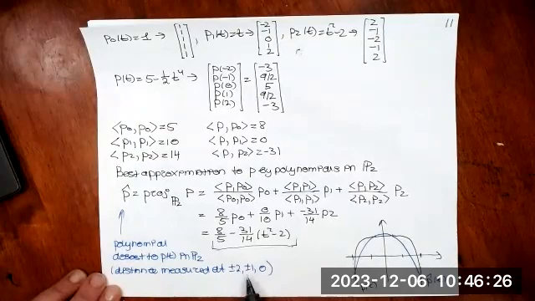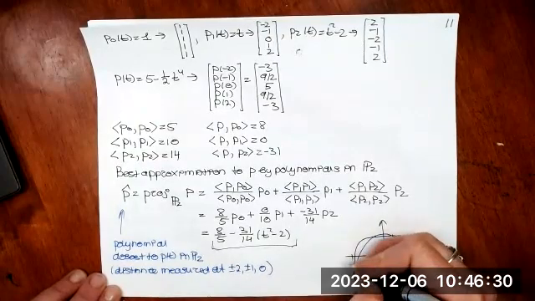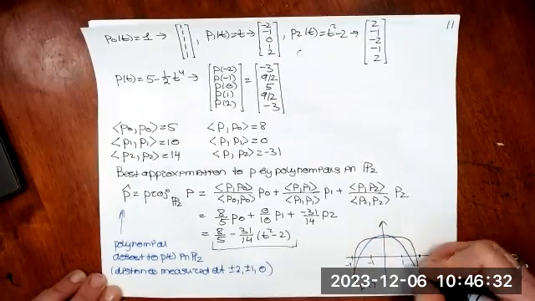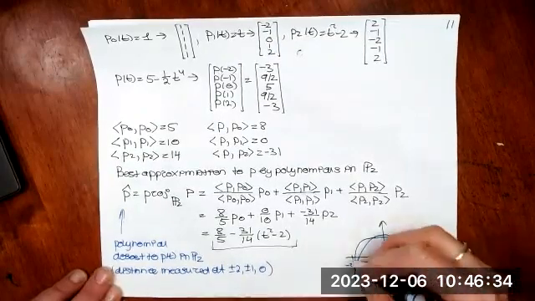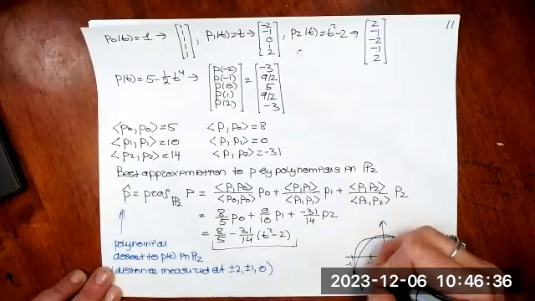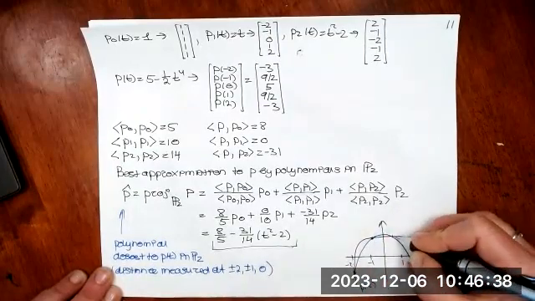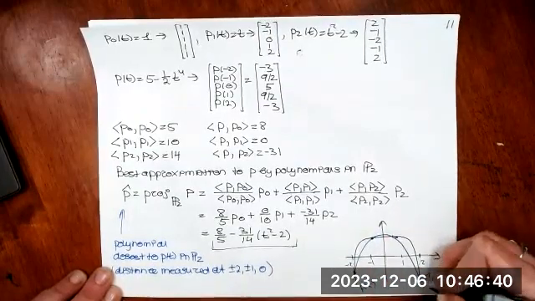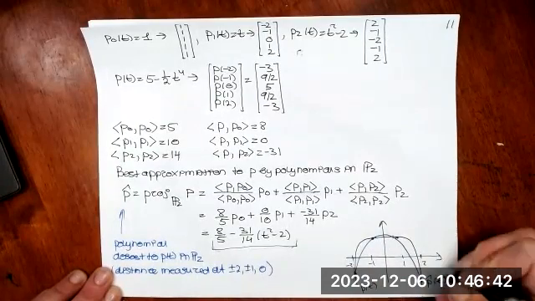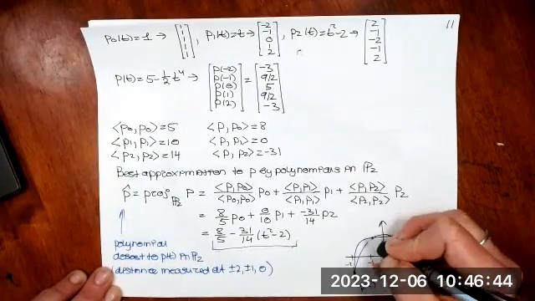So at the points -2, -1, 0, 1, and 2, I'm basically only checking how close the values of the polynomials are at those 5 points. All right, so they might not be so close in between.